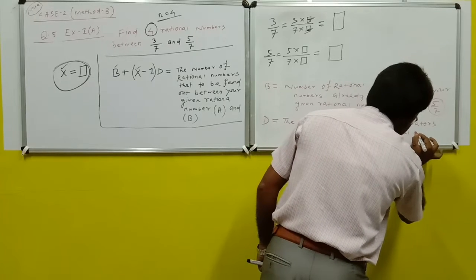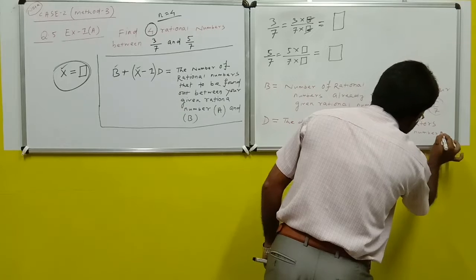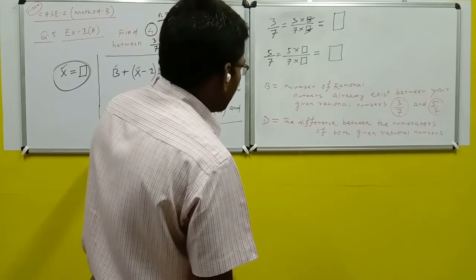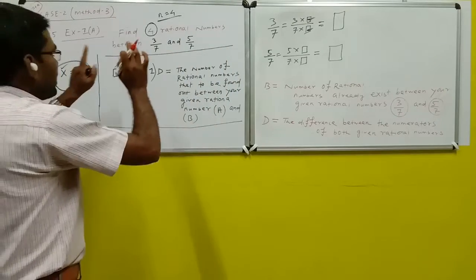Yes, d means the difference between the numerators of both the given rational numbers.